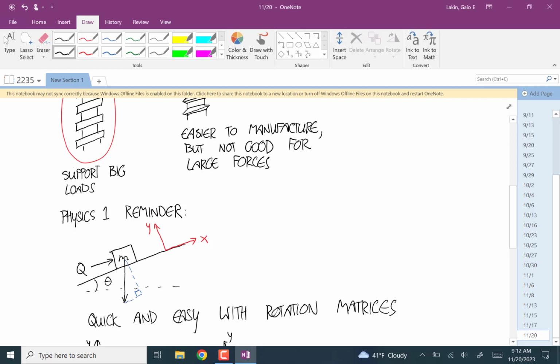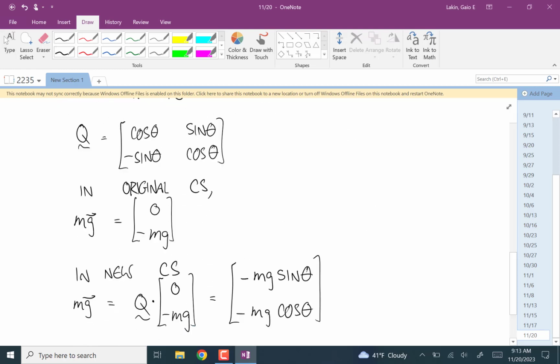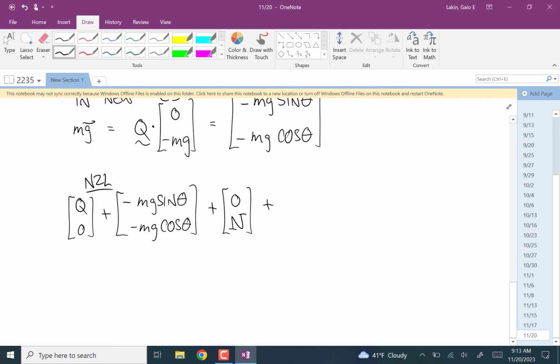If we're thinking of applying this force Q in order to overcome the static friction, then the static friction force is going to act down the ramp. And this is going to be the coefficient of friction times n. So this is negative coefficient times n, 0. And all this is equal to 0, 0. No acceleration.